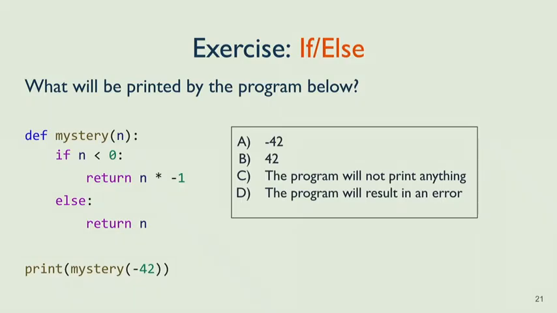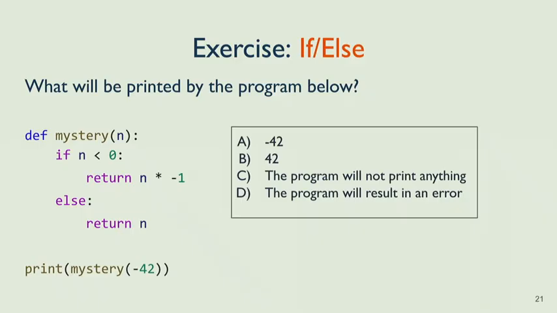We have a function called mystery, and we're going to print out whatever mystery gives us when we give it the number -42. It'll print out 42. Why is that? Let's go step by step.